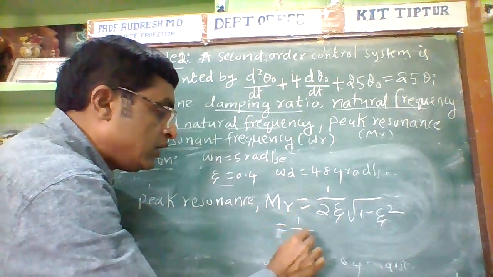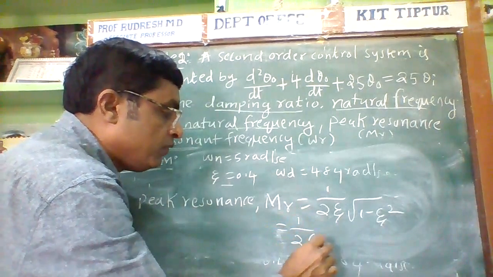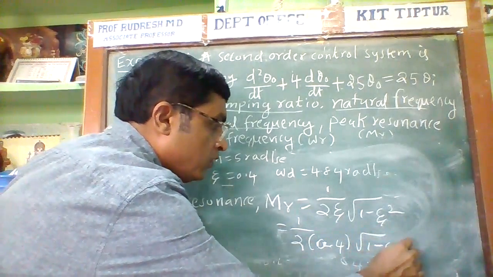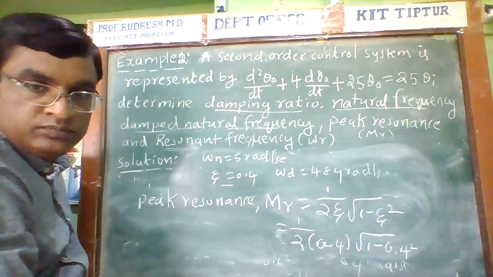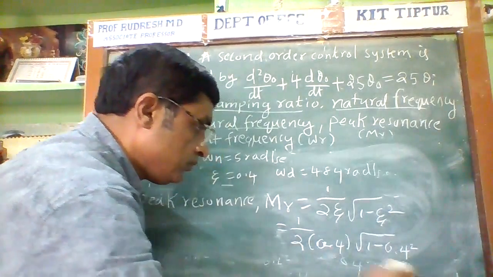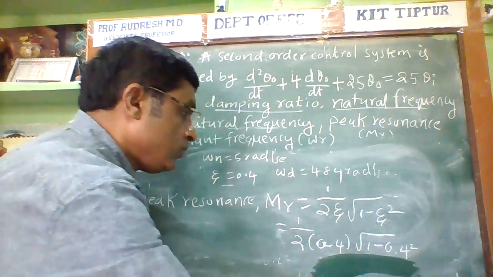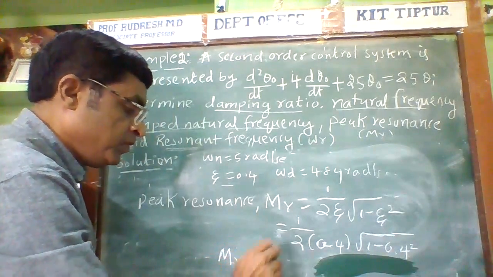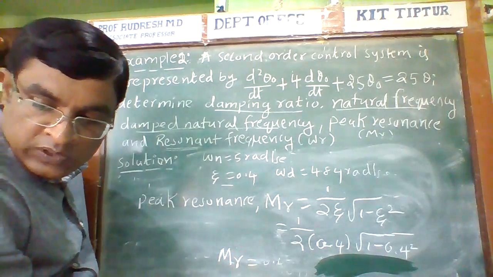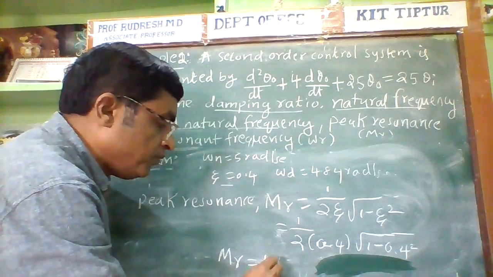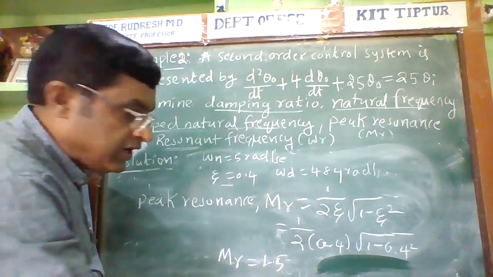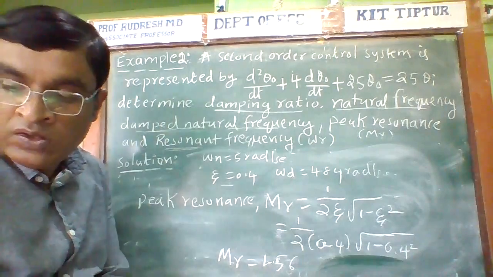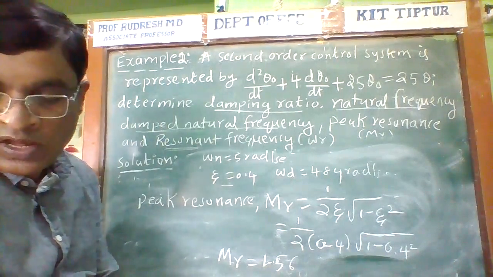So 1 divided by 2 into 0.4 into square root of 1 minus 0.4 square. Therefore, the Mr value is 1.56.